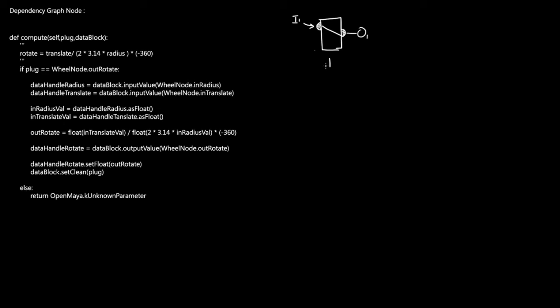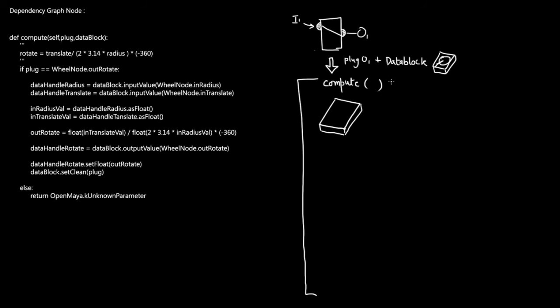So as soon as Maya knows there is a change in input, it would look for the compute function. And to the compute function, it would supply the plug of the output node, plug O1, plus the data block of this node, because all the data is stored in it. So it has handed over a hard disk, and the compute function receives this plug and the data block.